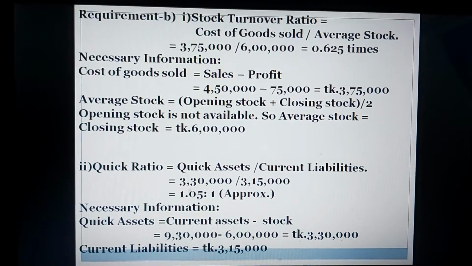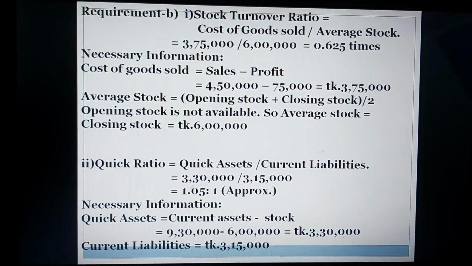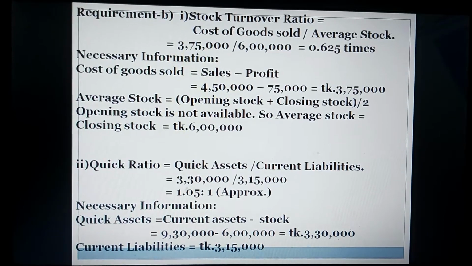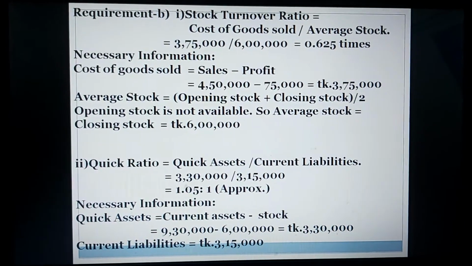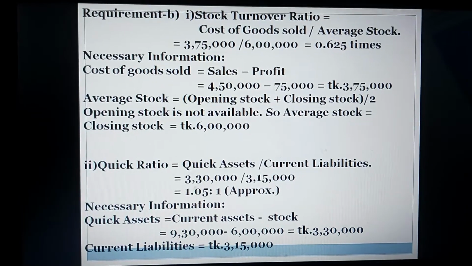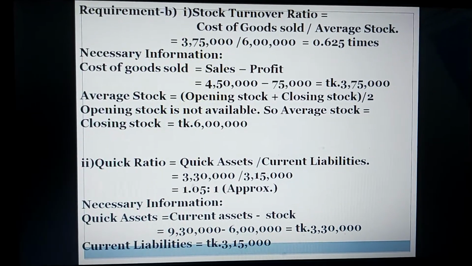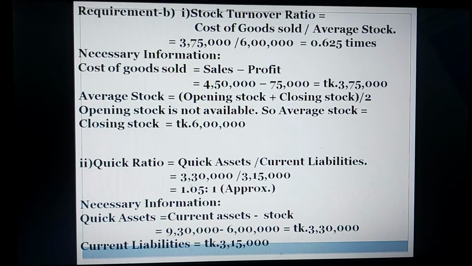These two amounts are not available directly, so you have to take the necessary information from the stem. Cost of goods sold is equal to what? Cost of goods sold is equal to sales minus profit.